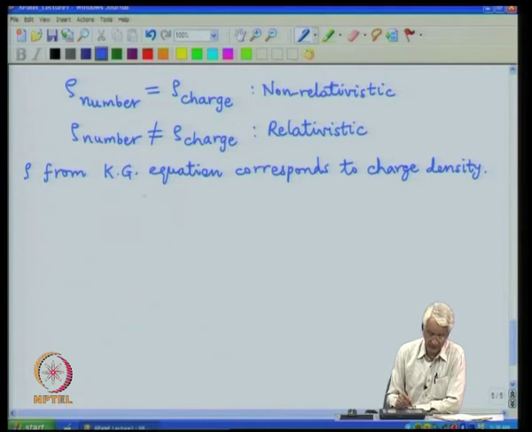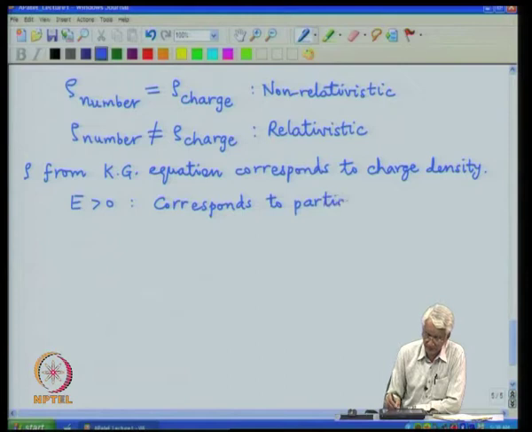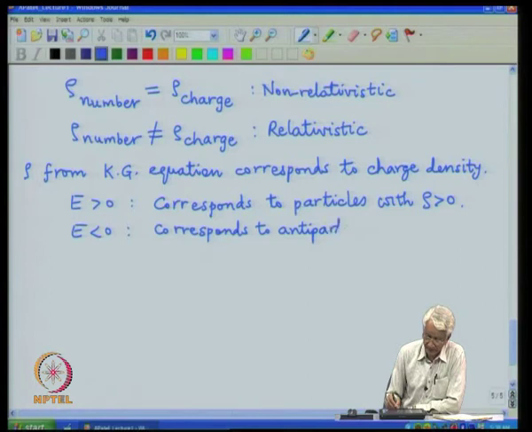This becomes obvious from the relation for the stationary states which we discovered, that in some sense whenever the energy is positive, it corresponds to particles with rho positive, and if energy is negative, that corresponds to antiparticles with rho less than 0.